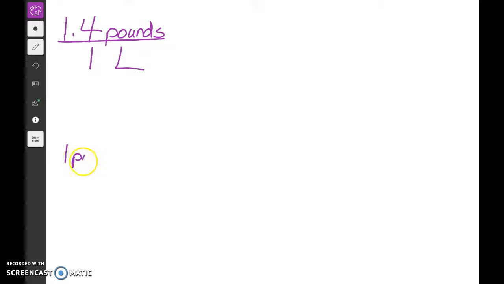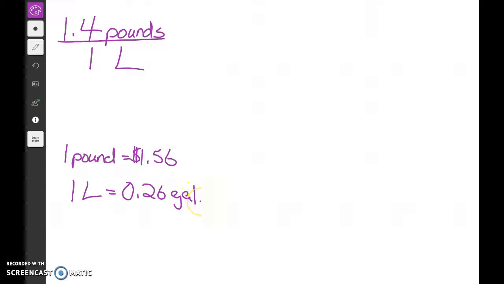It says set up and evaluate a conversion expression to find the equivalent price in dollars per gallon. Use the conversion factor 1 liter is equal to 0.26 gallons to find your answer. So we want to convert this into dollars per gallon.